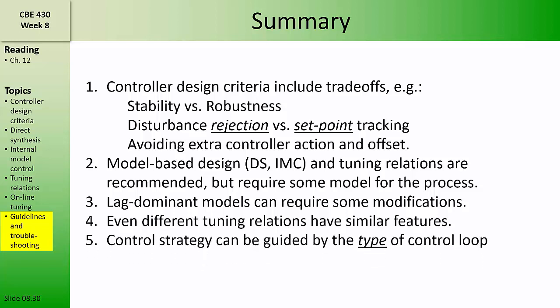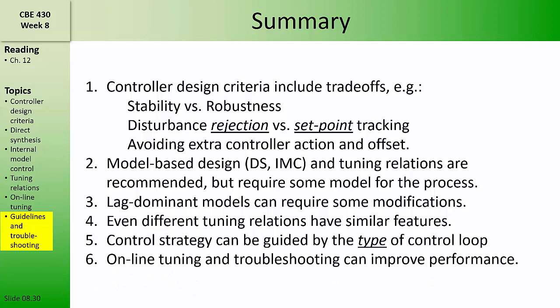The control strategy chosen, for example, proportional, PI, or PID control, can be guided by the type of control loop. Online tuning and troubleshooting can be used to improve controller performance. Online tuning by the continuous cycling method, although it is recommended by some controller manufacturers, may not be a good idea for many types of control loops. This is one of the least efficient methods for controller tuning, and often other strategies are much more useful.